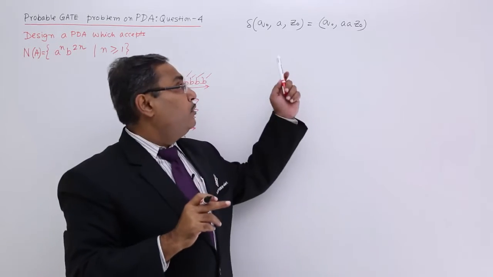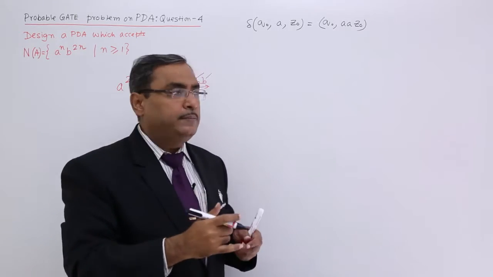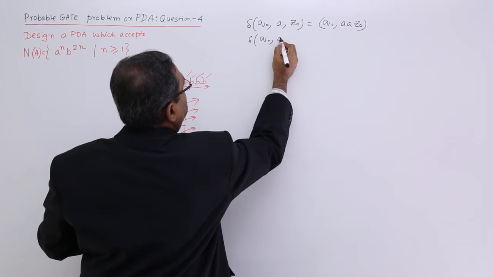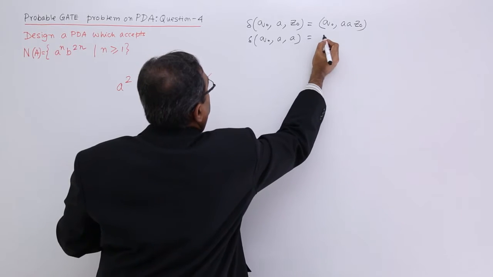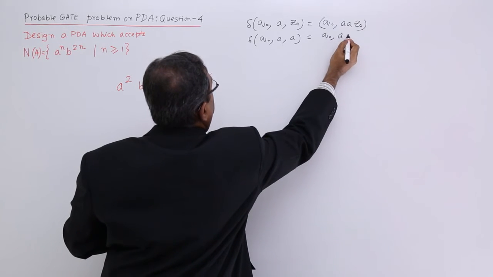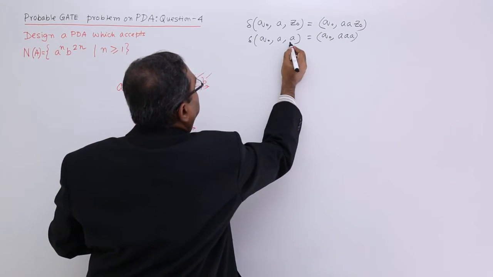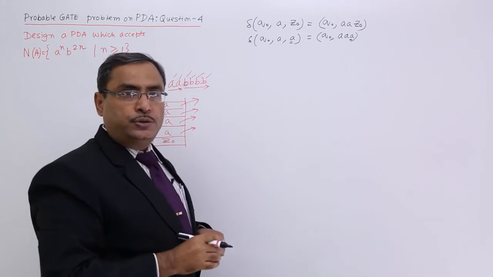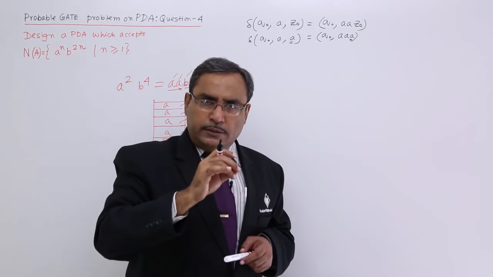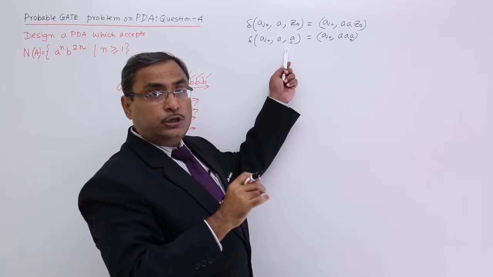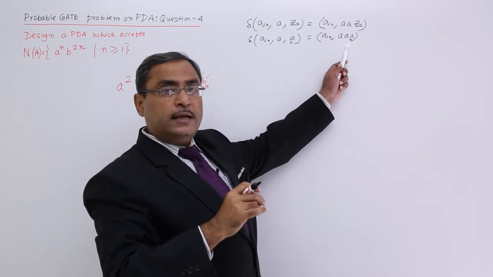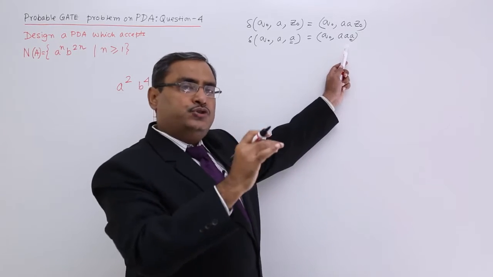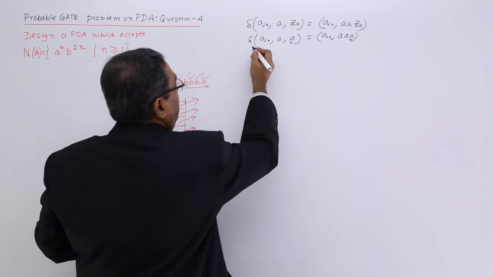For the first time it will occur, and for n minus 1 times this particular transition will take place. Now I can show this a thrice only to indicate that it is the a, and 2 a's have got pushed. That is why here I am showing 1 a on the top of the stack, and here I am showing 3 a's, because 2 a symbols have got pushed on the top of the pushdown store.